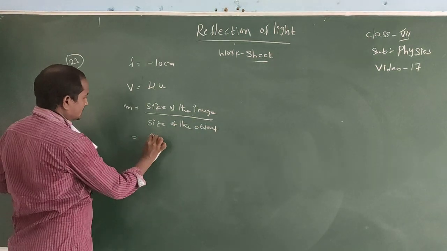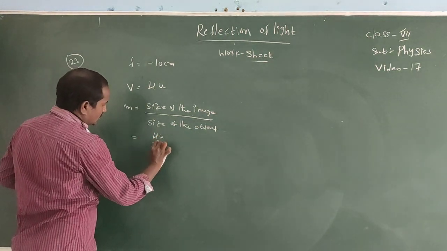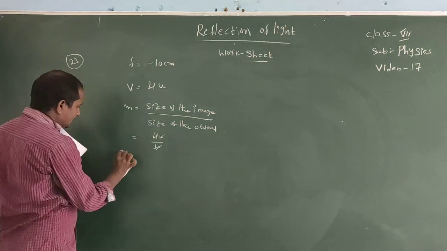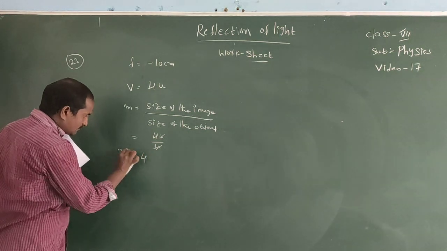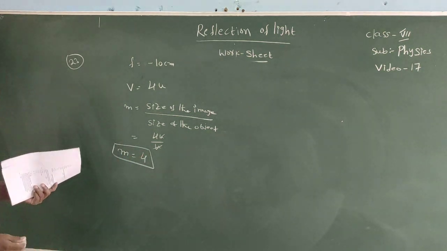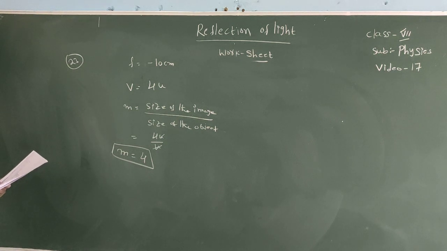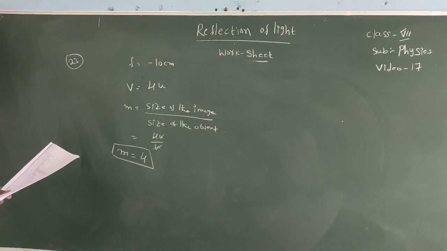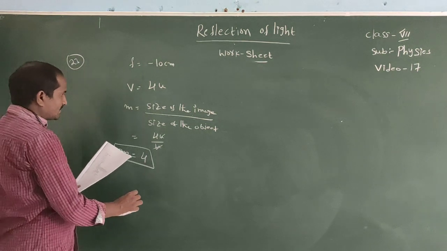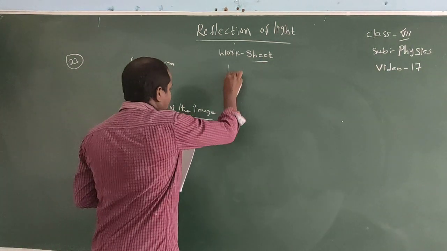So here 4u by u get cancelled. So here m equal to 4. So here image is virtual because of the m we got positive value. So here m equal to plus 4.